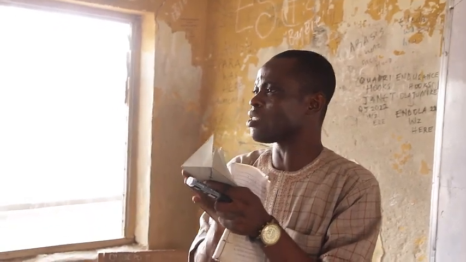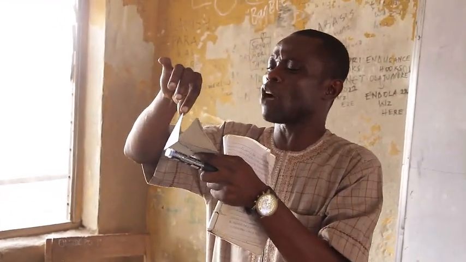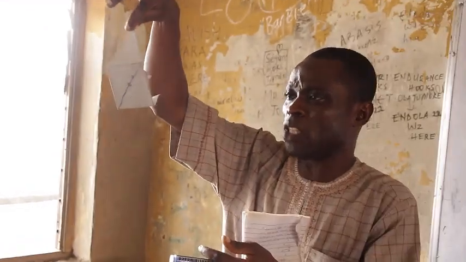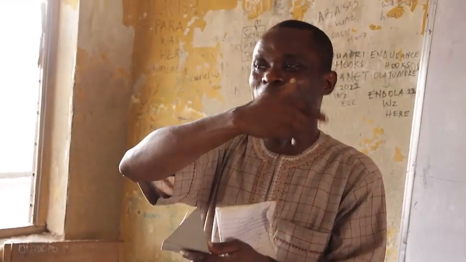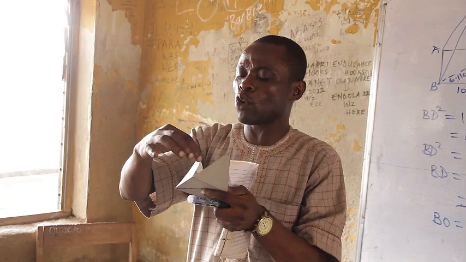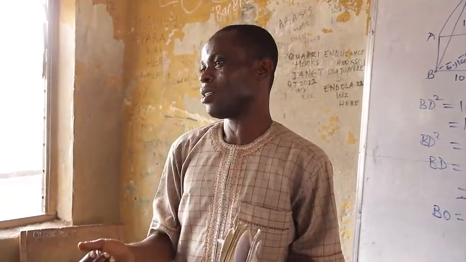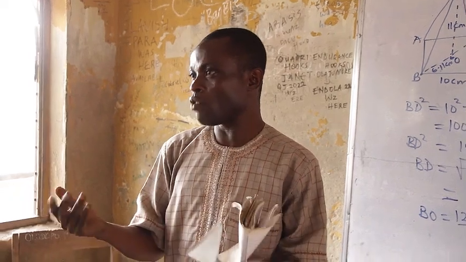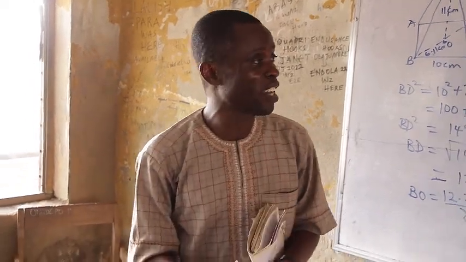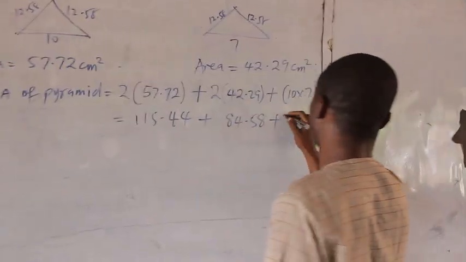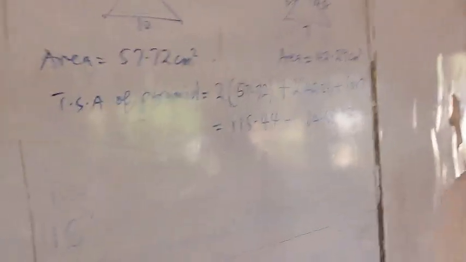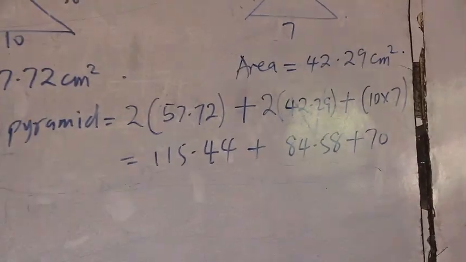But if this one is 10 and this one is 7, it's only the area of this triangle that is equal to the one opposite to it. That's why we multiply by 2, and the one that is 12.58, 12.58, 7 also, times 2. Addition of these two will give you the total surface area of the lateral faces, plus base area.